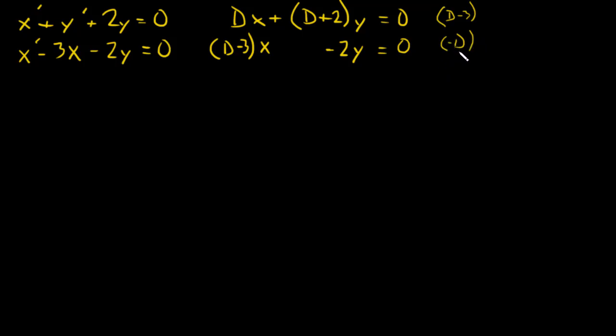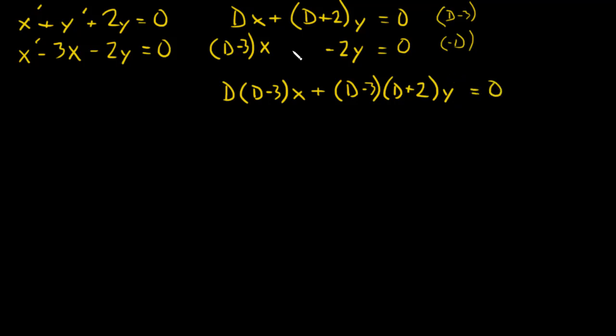And so if I do that, I'm going to wind up with d times d minus 3x plus d minus 3 times d plus 2y equals 0. And then the bottom one, negative d times d minus 3x.